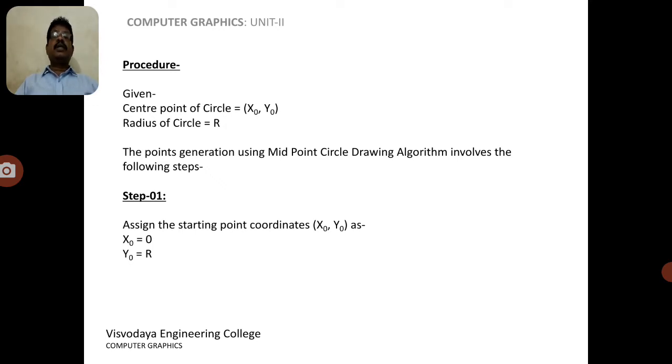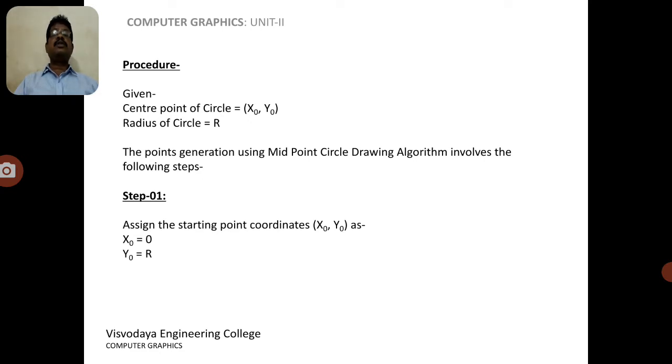The given center coordinates are x0 and y0. This is the initial coordinate of the circle. Without these coordinates we can't start the circle drawing. The radius value is r.